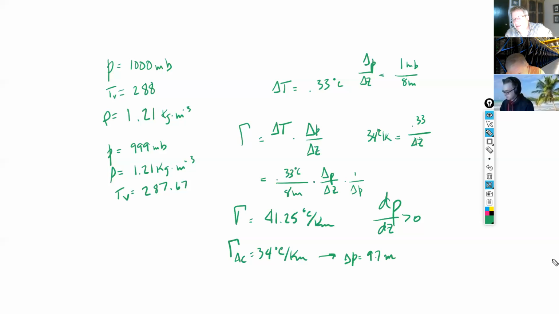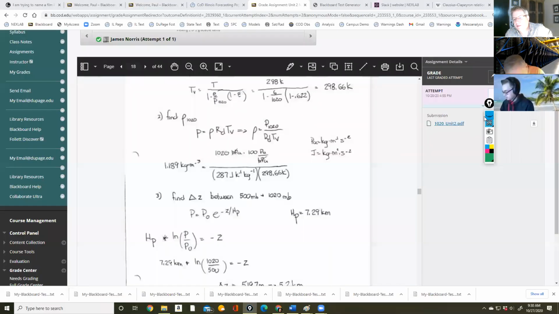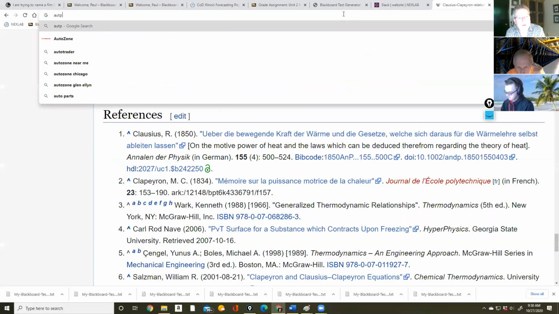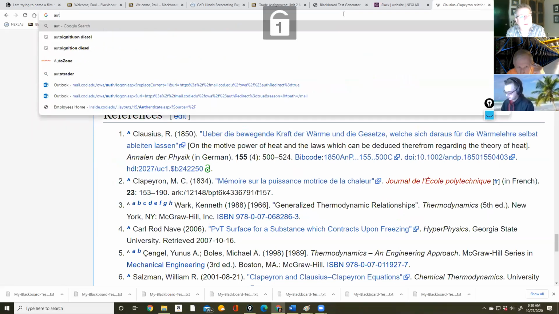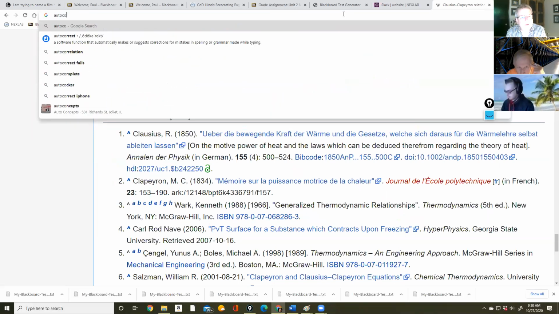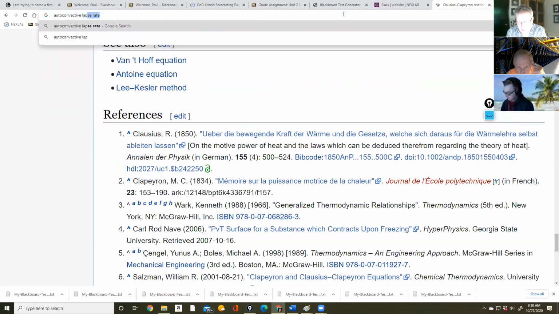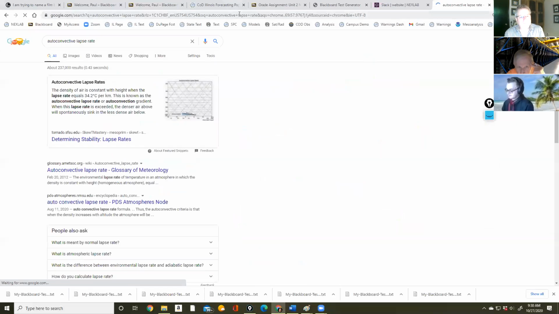So let's take a look here. Autoconvective lapse rate, 34.2 degrees.